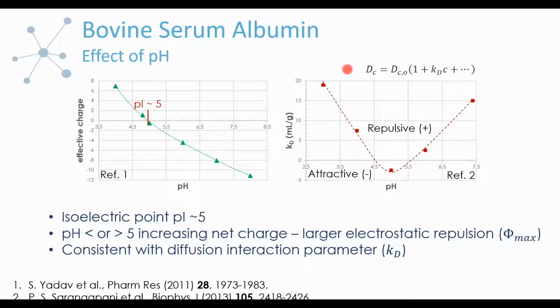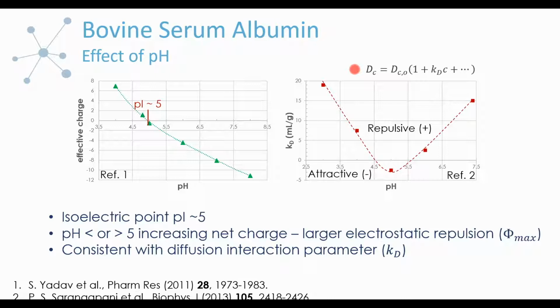Since you'd be looking in the low concentration regime, you would analyze the data by doing a virial expansion of the diffusion coefficient in terms of the concentration of your main component, your protein or whatever you're dealing with. The diffusion interaction parameter is the first order term in this expansion, and you get it by fitting the diffusion coefficients from light scattering data.